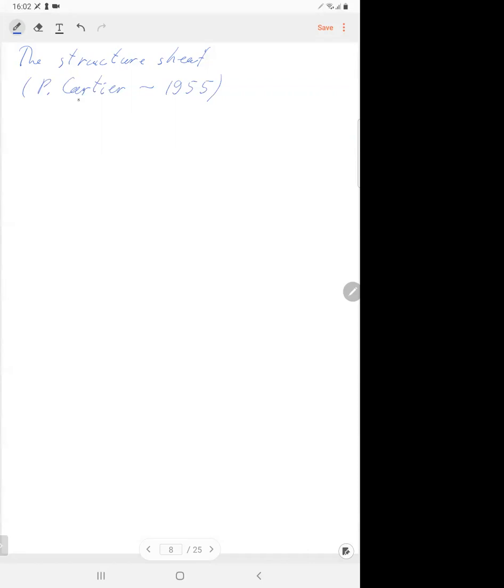But the definition is just the same as we had for varieties. Similarly to the case of varieties, but with a single difference.